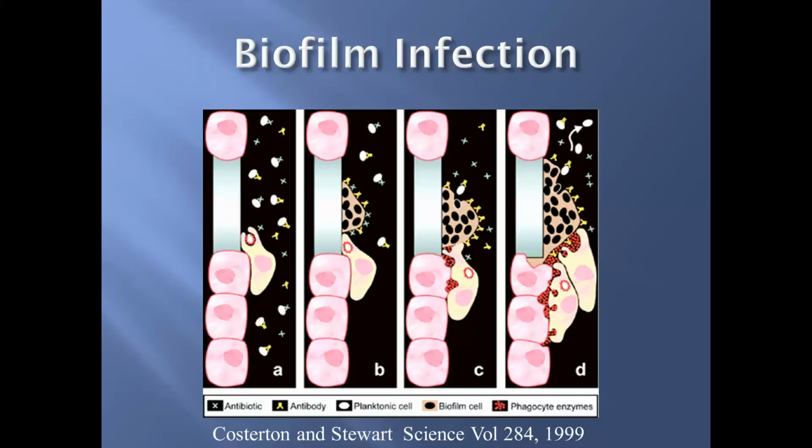What Costerton and Stewart were trying to show in Science, and that's a top-tier journal, is in a cystic fibrosis model, bacteria can find a host environment. Now, the white is planktonic cells, so individual motile bacteria find their way into a breach in the host epithelium.